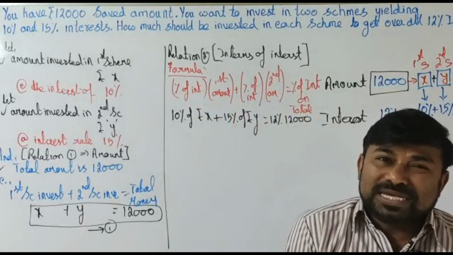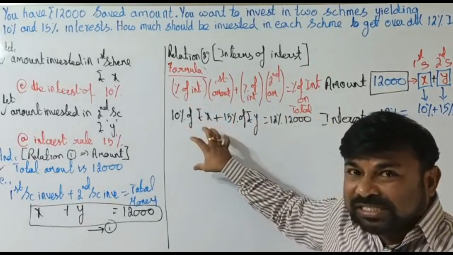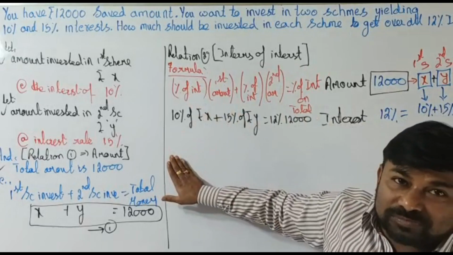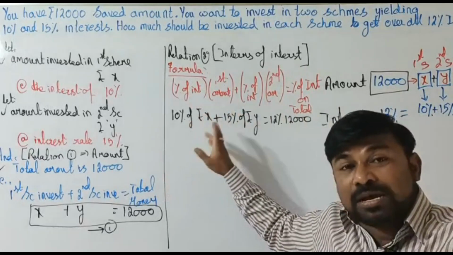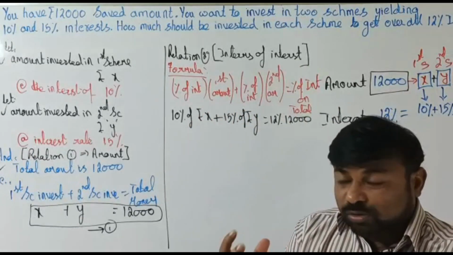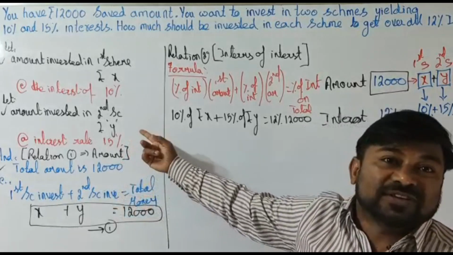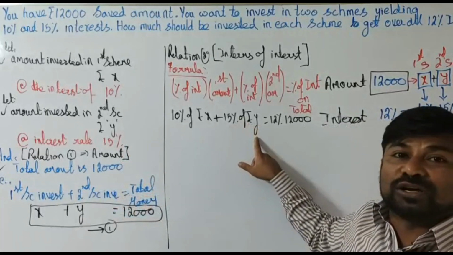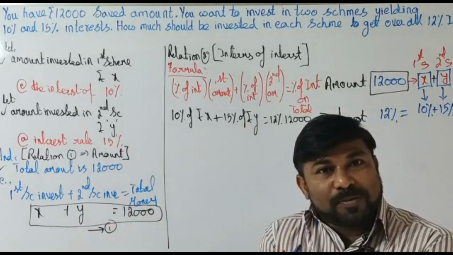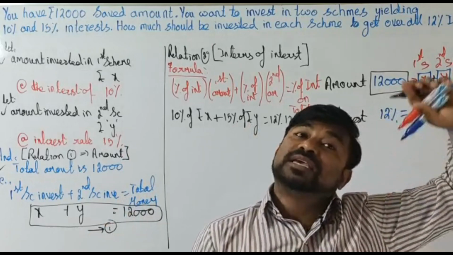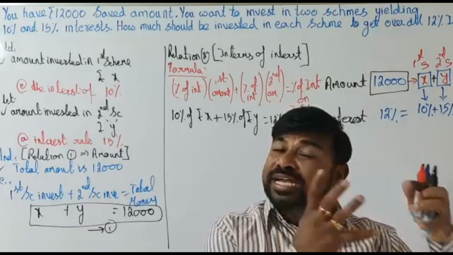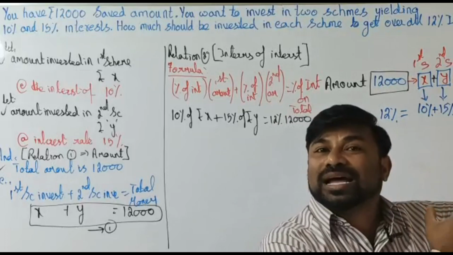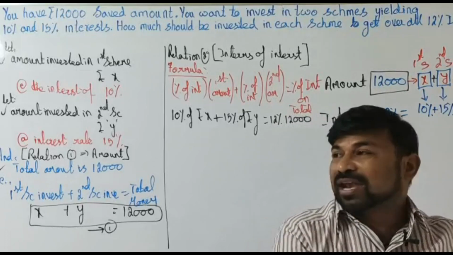The interest we get on the first amount is 10% of X, plus the interest we get from the second investment, 15% of Y. If you add them up, that equals the interest we get on the 12,000.